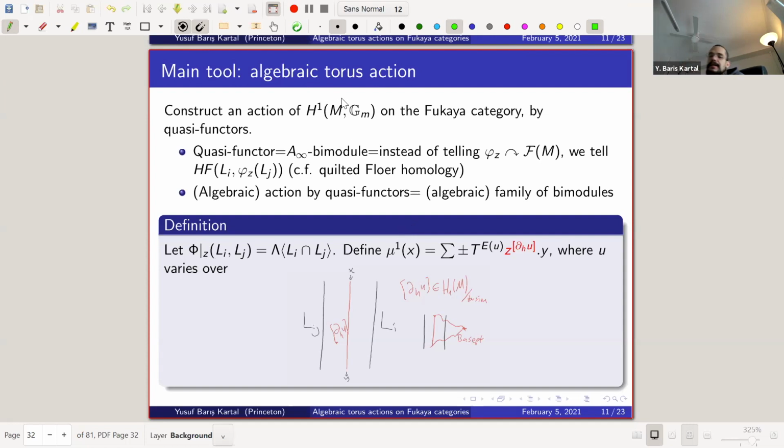In the end, I will do that, but for the moment, I am just focusing on how you would define this family of bimodules for a single z. So I will define a family of bimodules parameterized by this thing here, and I pick a single z here, and that's how I define it.